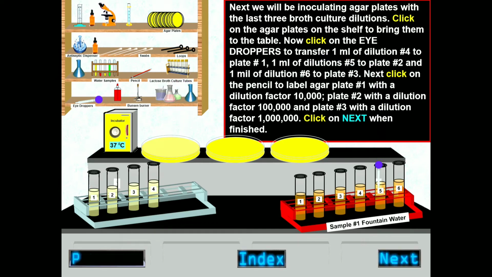By using the eyedropper to transfer 1 ml of dilution 4 to plate 1, 1 ml of dilution 5 to plate 2, and 1 ml of dilution 6 to plate 3.